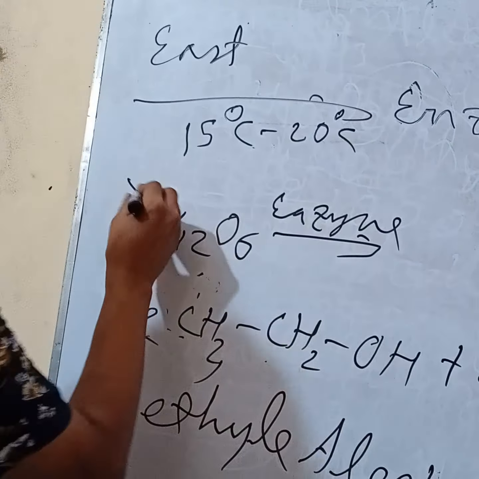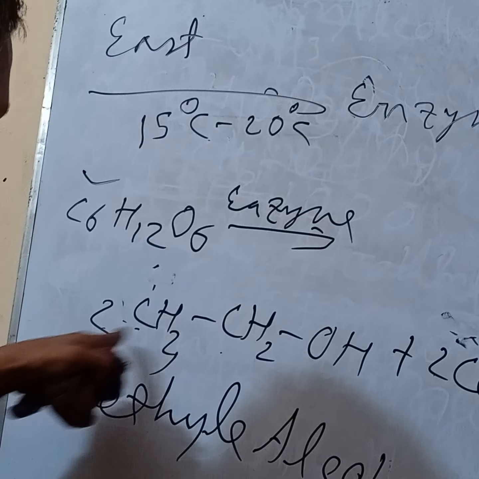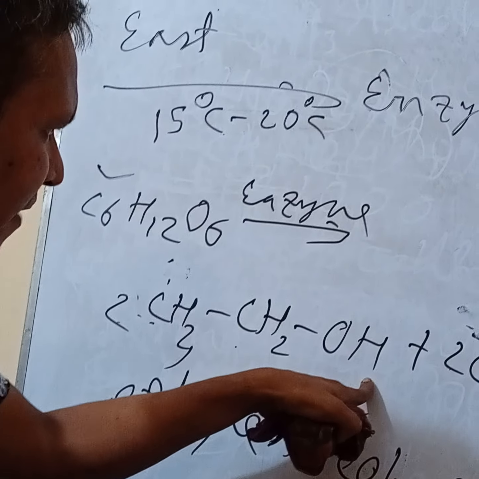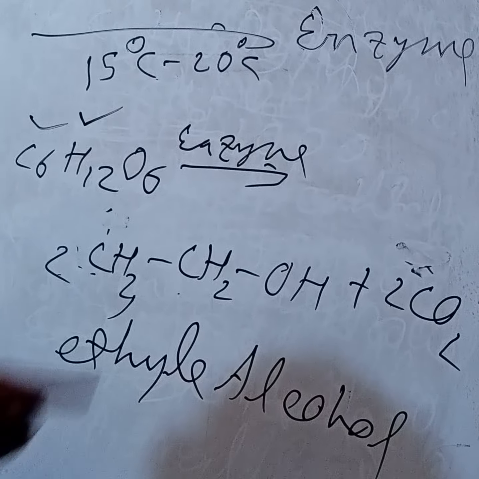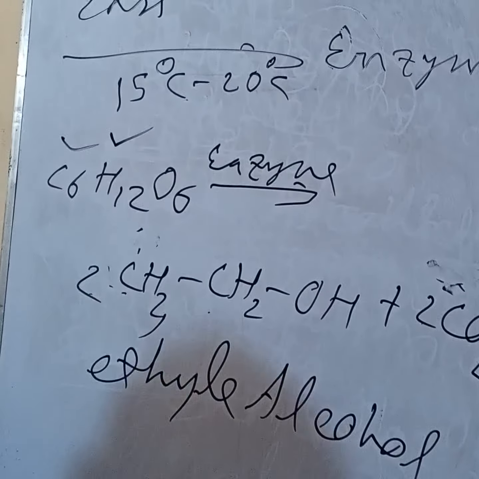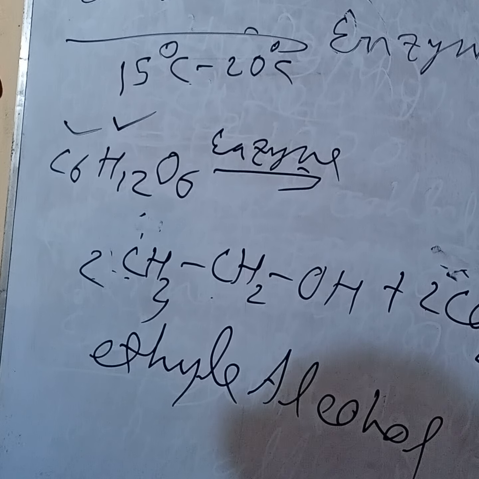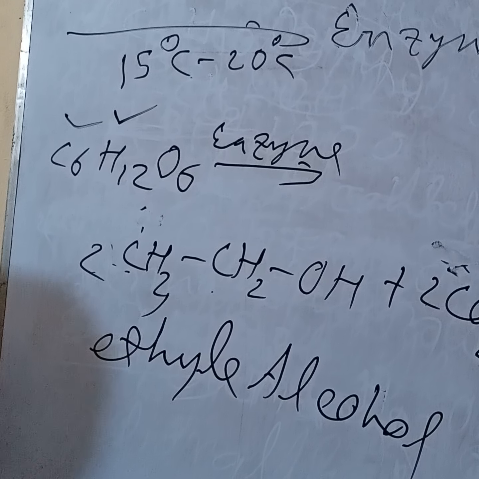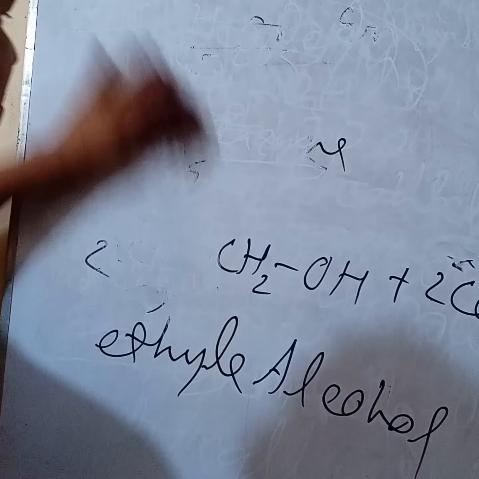Then H12: 2, 4, 10, 11, 12 hydrogens complete, and oxygen 2, 4, 6 oxygen. This is the normal system to create alcohol, the easiest system, and the cost is very low.